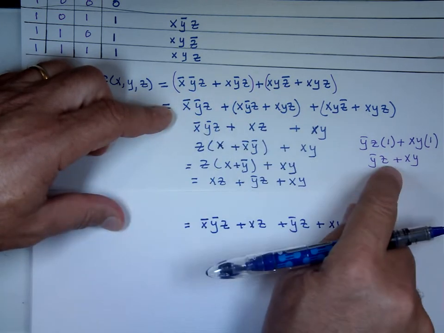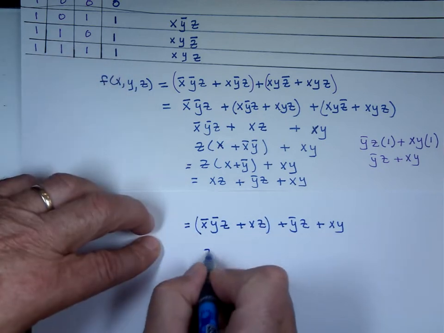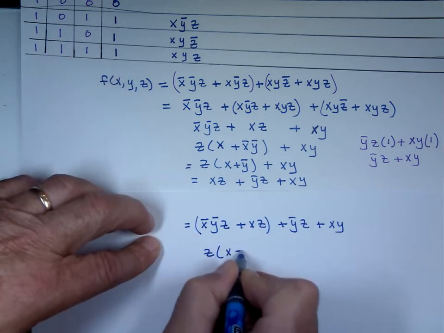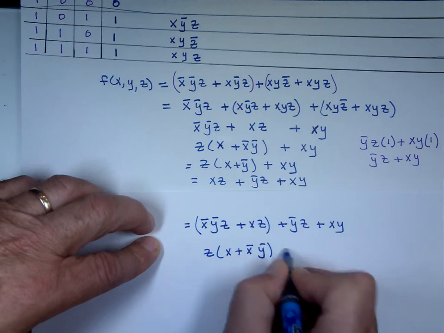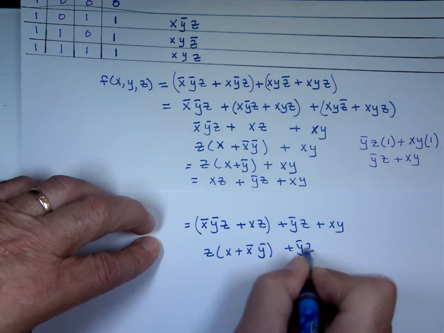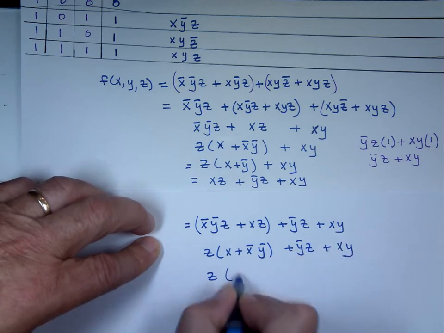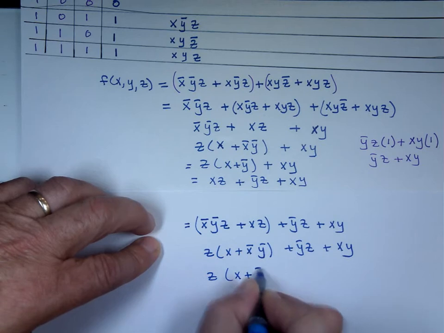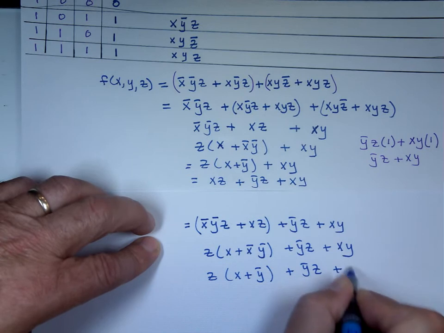Notice how quick. Now when you look at these two, I get to factor z out. What's left? X plus x bar y bar, which is x plus y bar. It didn't help me. Why?